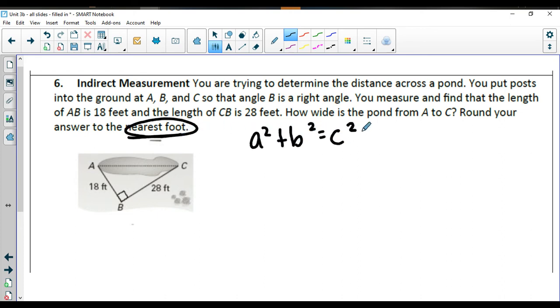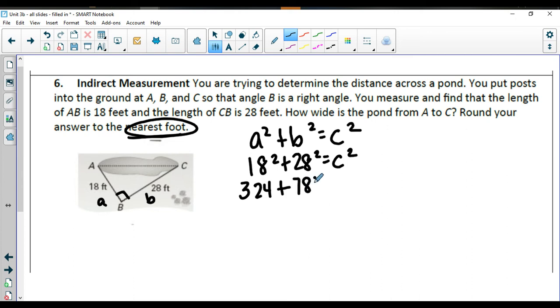So a squared plus b squared equals c squared. These are both legs, so these are going to be a and b. If we have 18 squared, we get 324. 28 squared, we get 784 equals c squared. We're going to add those two together.